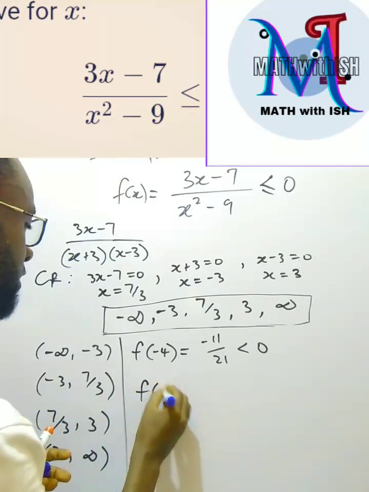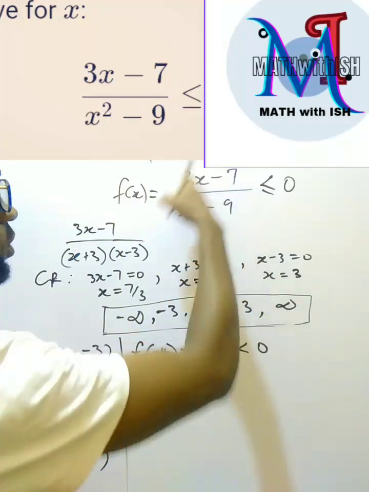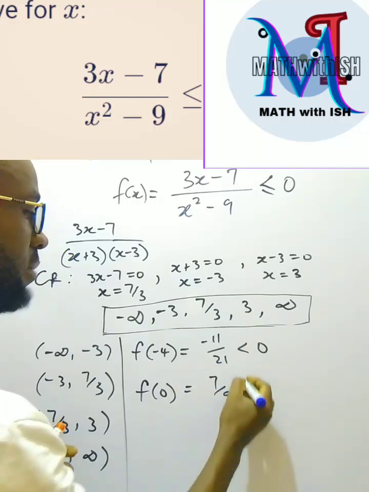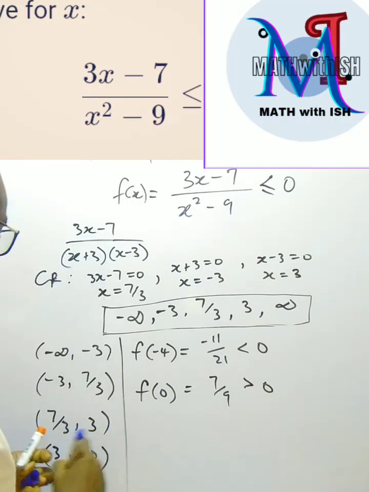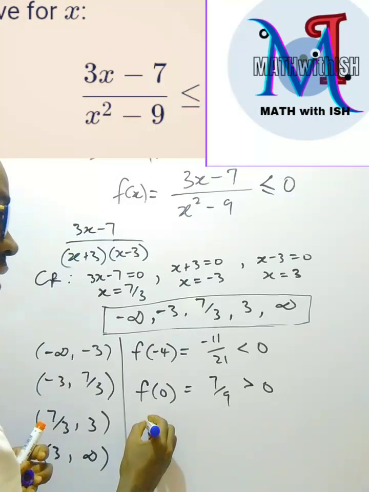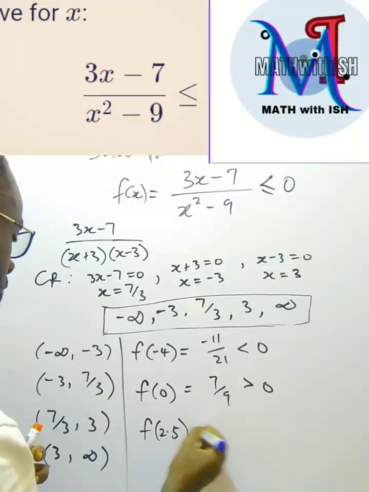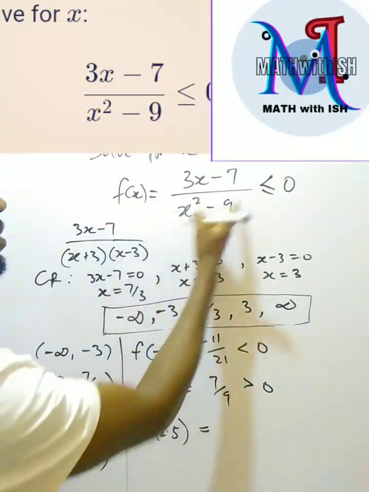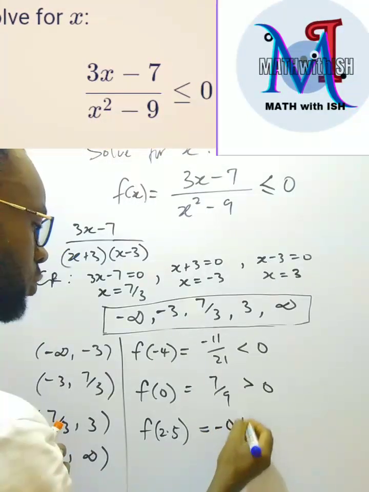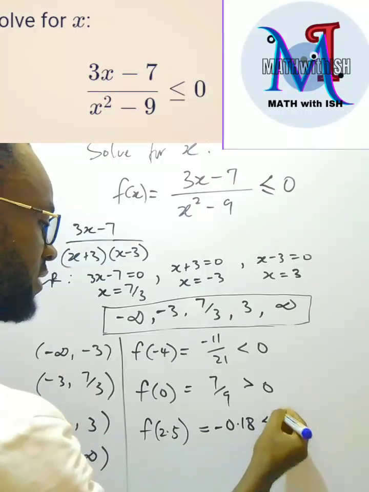If I take f of 0, anywhere I see x, I replace it with 0 in this function, and I'm going to have 7 over 9. This number is greater than 0. For the next interval, if I take 2.5 and slot it into this function, I'm going to have approximately minus 0.18, and this number is less than 0.